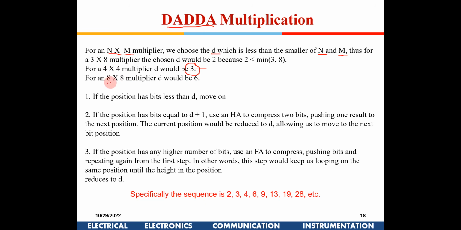If you are doing 8 into 8, d has to be 6 and not 7. Why not 7 is because he has suggested the values of d. This is the series which he has given for optimization: 2, 3, 4, 6, 7, 9, 13, 19, 28 like this. So you have to keep reducing the column height.